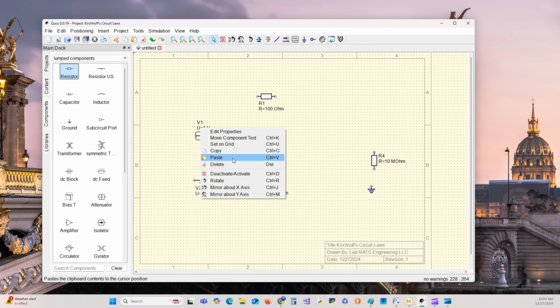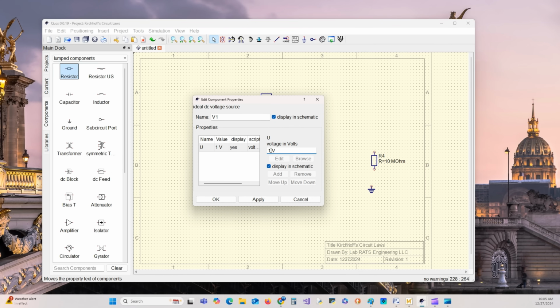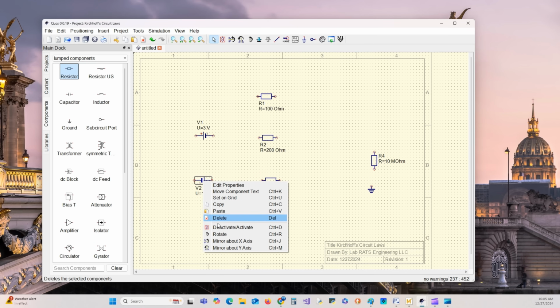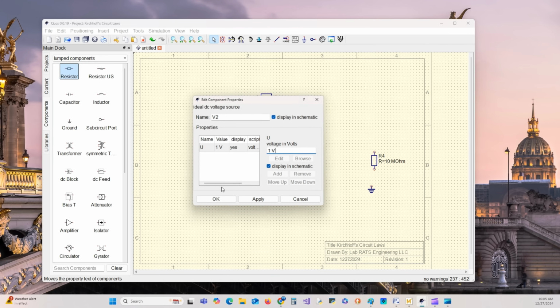Oh, a V1, that needs to be our V1 DC. We applied it to be, hang on, 3 volts. Apply. Okay. And V2 is 4 volts.